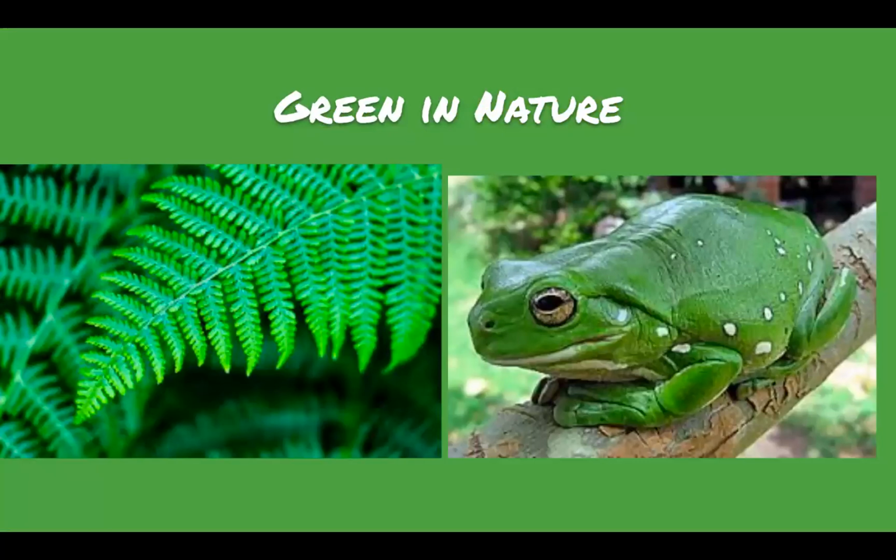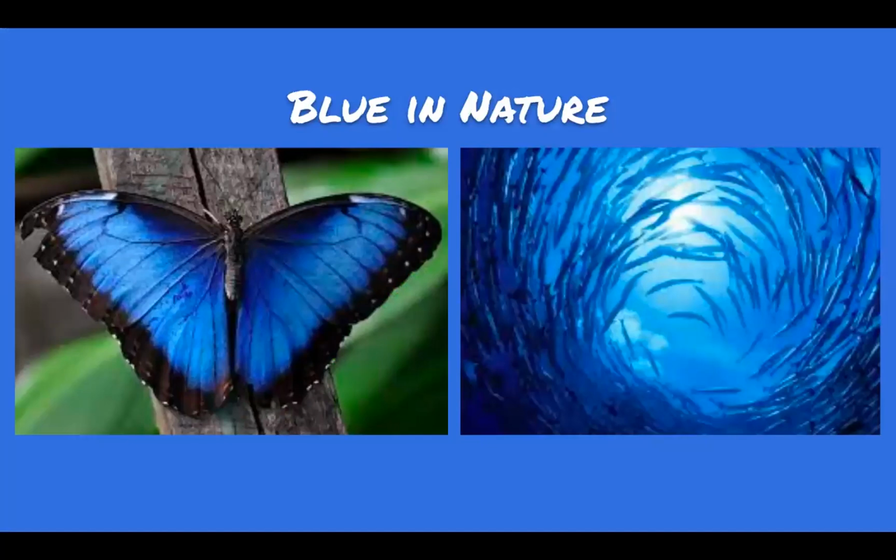When you look for green, you might find different plants like this fern or different reptiles and amphibians like our little frog. When you look for blue, you might see a blue butterfly or the ocean water or the fish in the ocean.